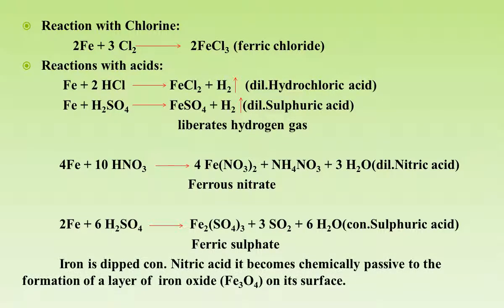If iron is dipped in concentrated nitric acid, it becomes chemically passive due to the formation of a layer of iron oxide on its surface. So it is not a reaction, it is a chemical passive formation of a layer of iron oxide when iron is reacted with nitric acid.